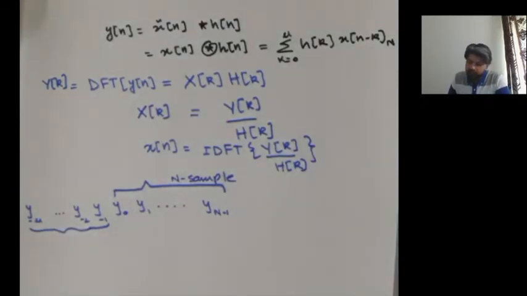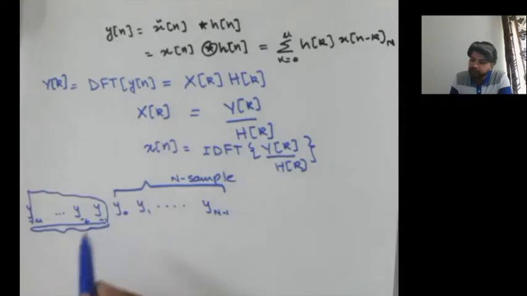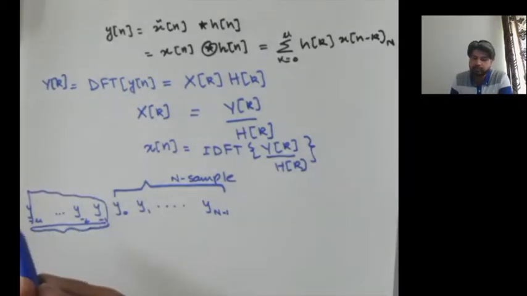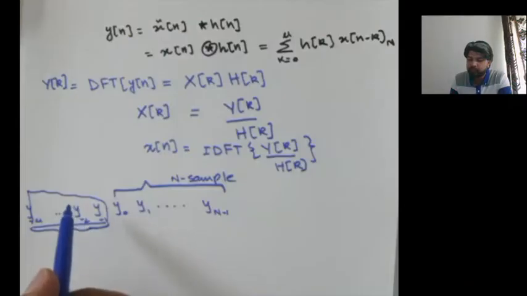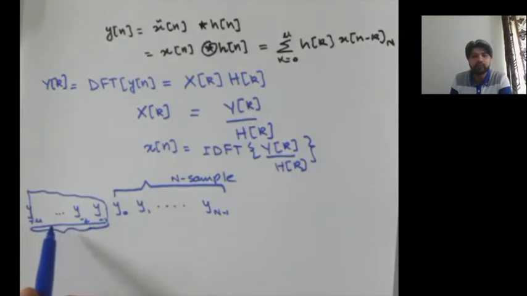In this way, remember your channel also has a length mu. This cyclic prefix would contain the interference from the previous symbol, because if you're transmitting a signal x of n having a length of capital N into a channel with a length of mu, the total length of the convolution would be N plus mu, and hence these mu symbols would also have the interference from the previous symbols.